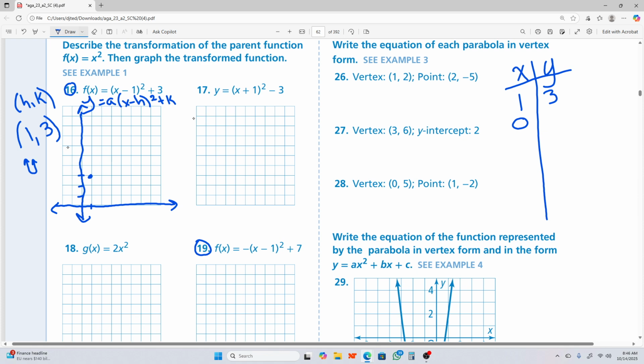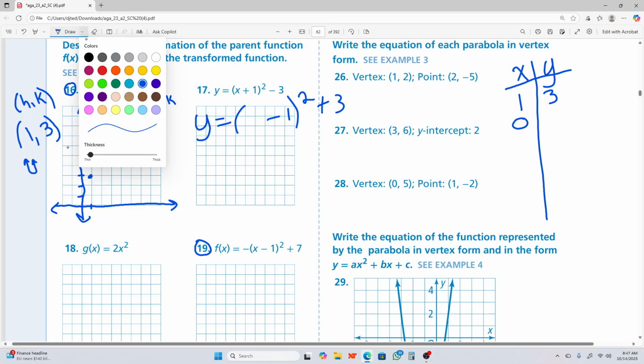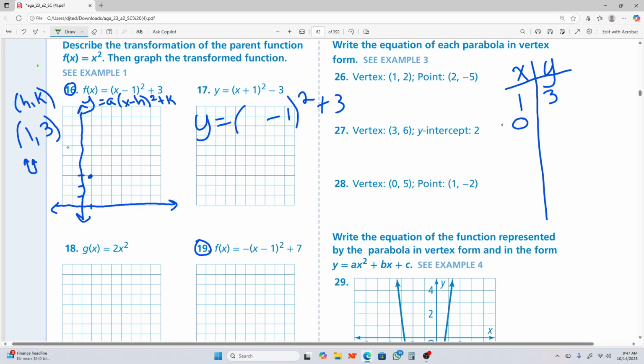I'm going to just change f of x to y equals, I'm going to leave the x blank, minus 1 squared plus 3. And then I'm going to plug in this 0 from my x. 0 minus 1 is negative 1. Negative 1 squared is positive 1. And then 1 plus 3 is 4. So when x is 0, y is 4.